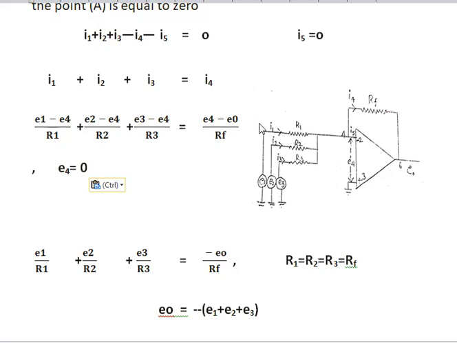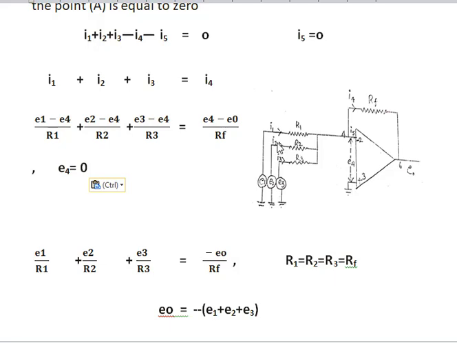So for I1, the voltage given here is E1 and the voltage here is E4. So E1 minus E4 is the potential difference, divided by the resistor R1.